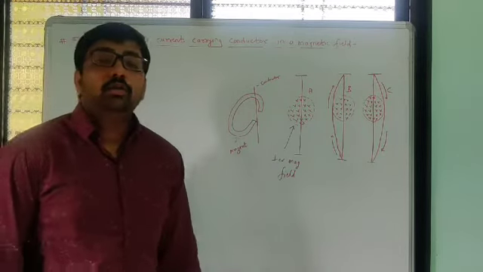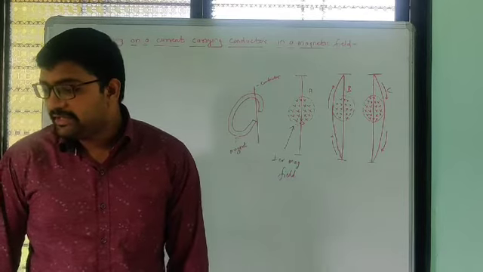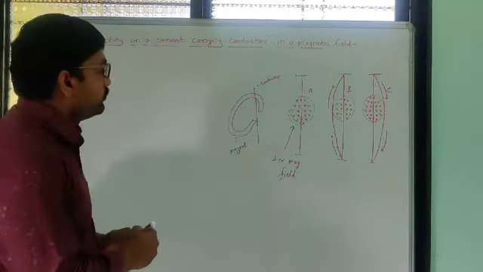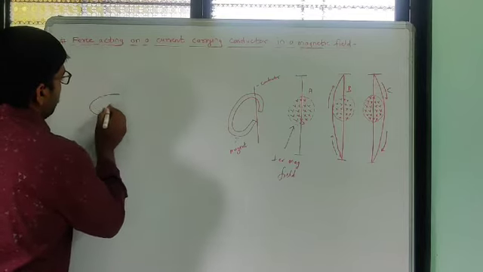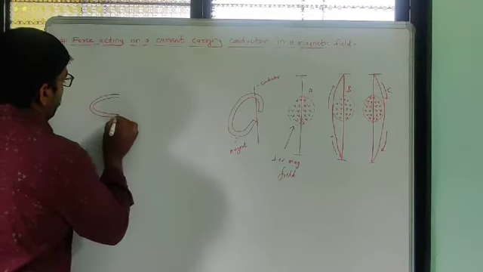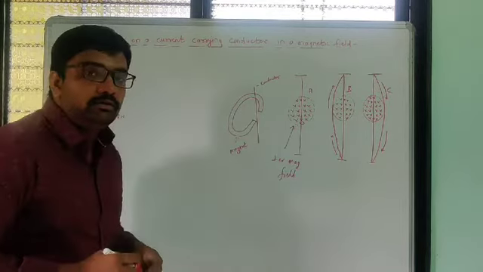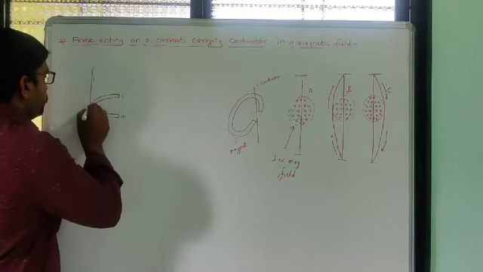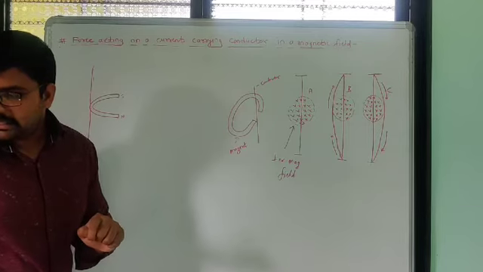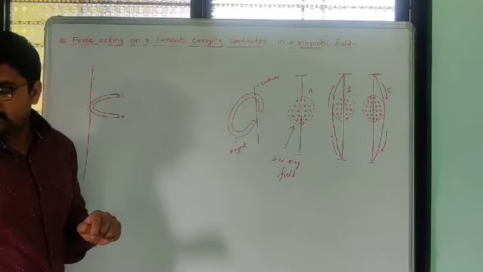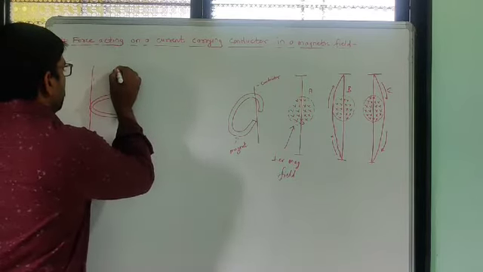For that, one diagram is given in our book. There is a stand, and a horseshoe magnet, which is like a U-shaped magnet, having one south pole and one north pole, connected to the stand.